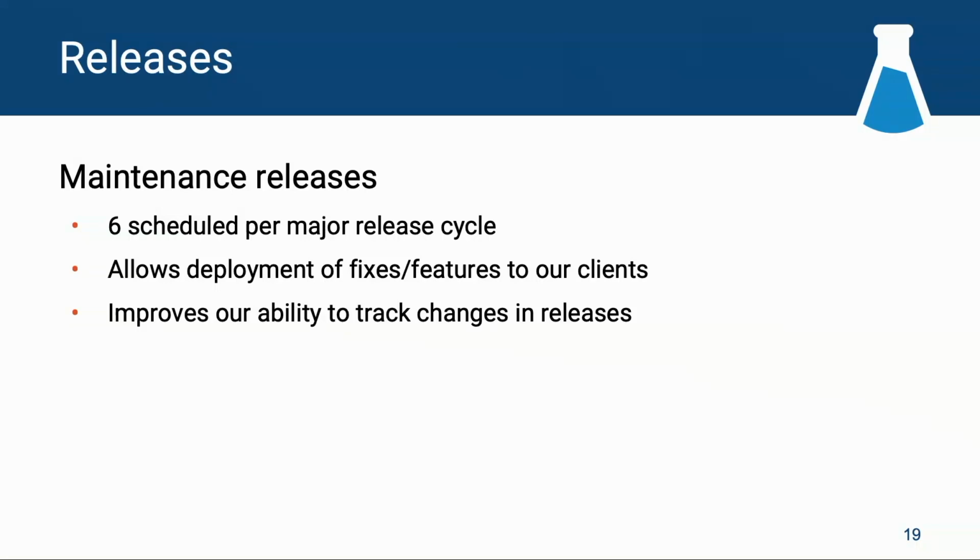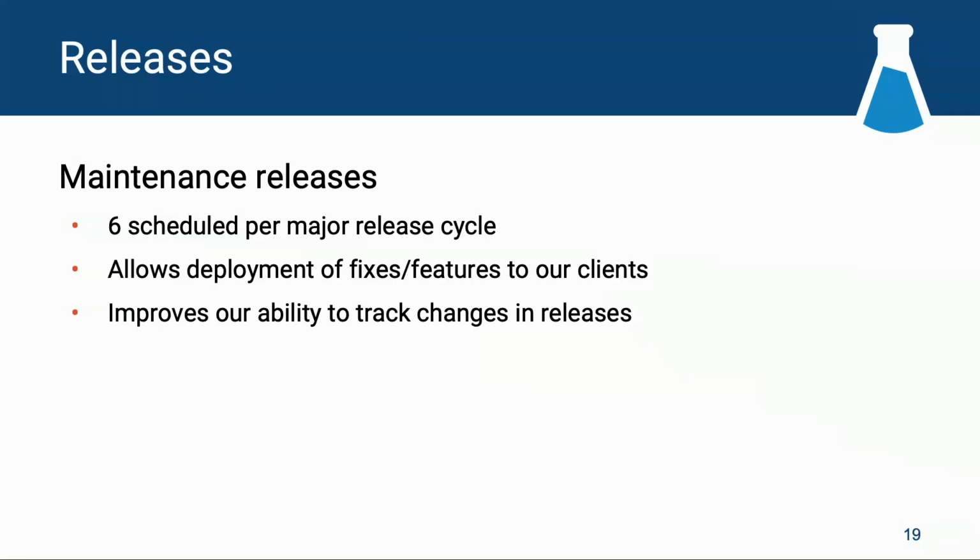And we've done as many as 8 so far, and that's to push out, say, a high priority client fix or a high priority security fix that we need to. So it feels like it gives us a pretty good balance between being responsive to the community and our clients while building off of a stable base.